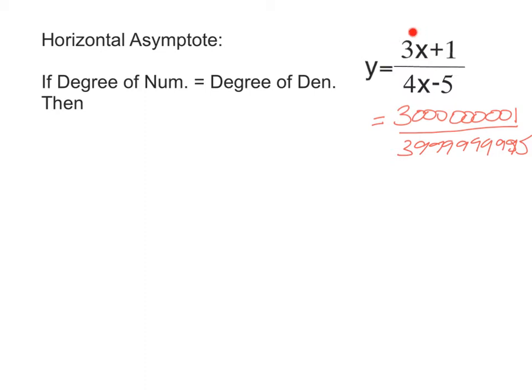What's more important are these two leading terms. So when we want to find a horizontal asymptote, the only thing that I'm going to worry about is the leading terms. So just take 3x over 4x.